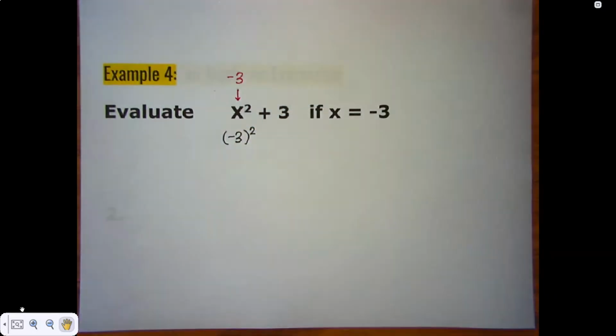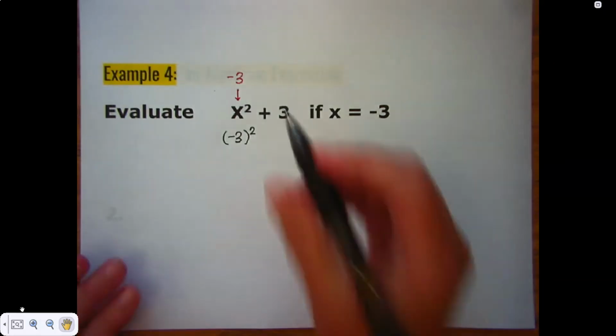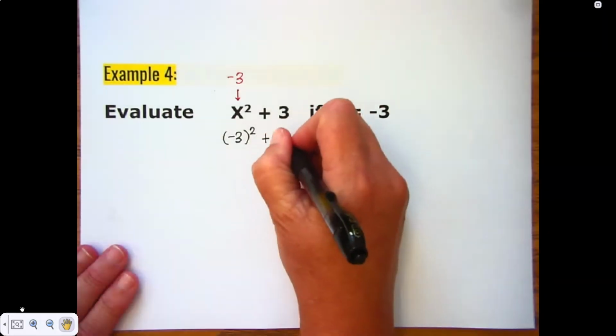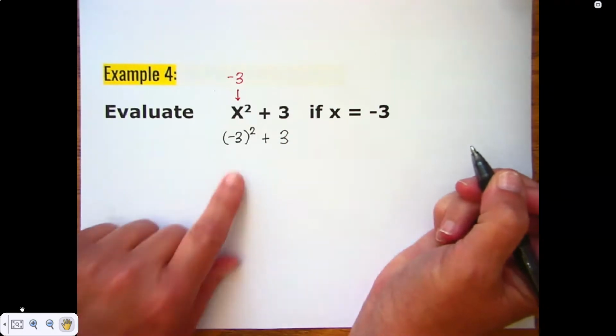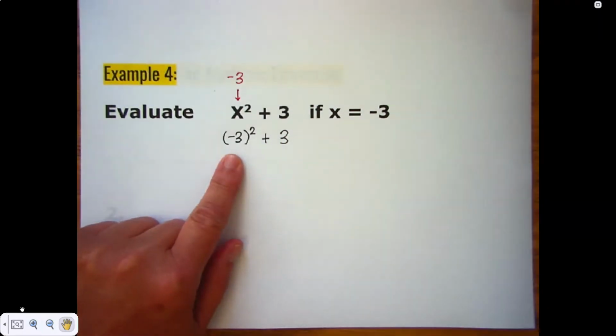When you're raising a negative number to an exponent, it needs to be wrapped in parentheses. Now I've got my +3. If you go to your calculator and type in -3 squared, you need to type it in using those parentheses. If you don't use your parentheses on the calculator, you will get the wrong answer.